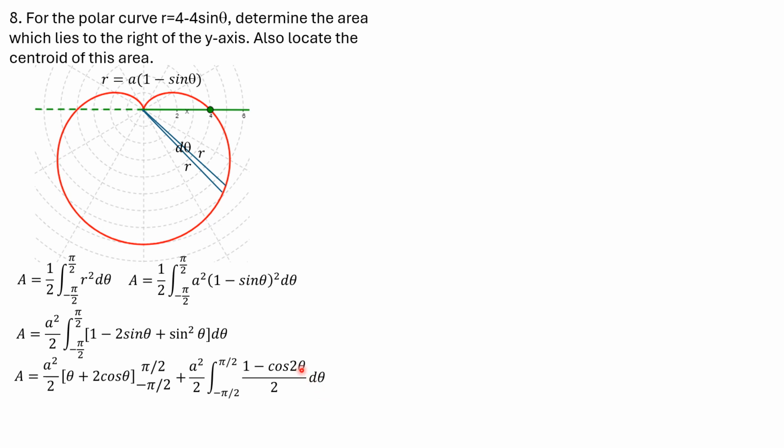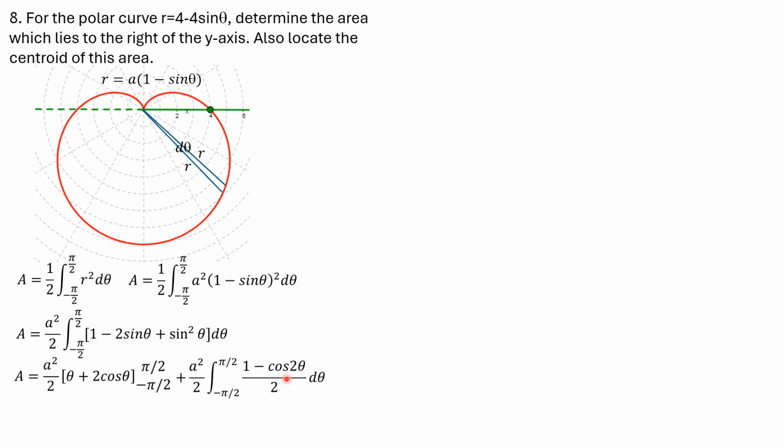So again, for this case, this is the integral of cosine is sine, and sine of 2 times pi over 2 is pi, and cosine of negative pi is negative 1.